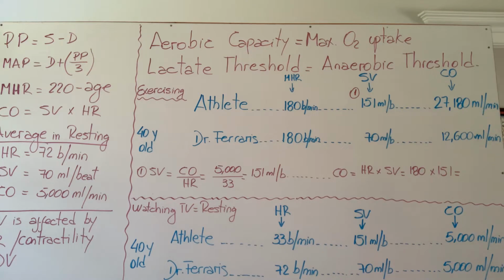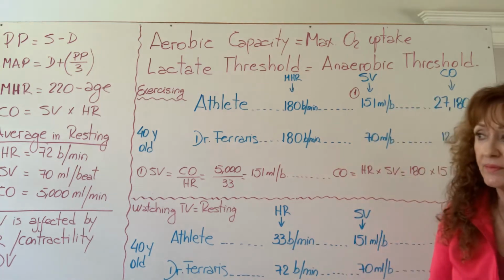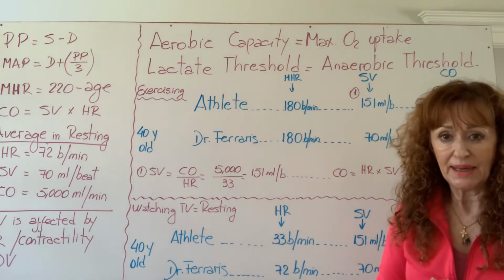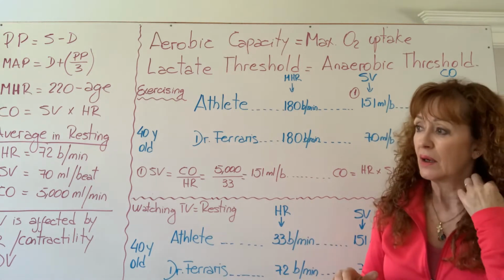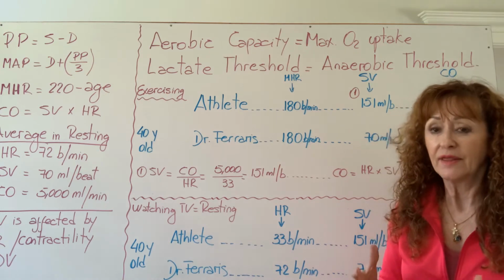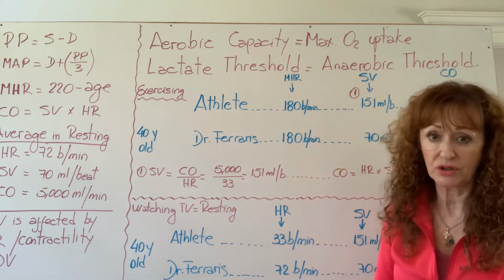In other words, if I'm going to start riding a bicycle, obviously I'm not a trained person, but I'm going to start riding a bicycle. Everybody, all human beings on Earth, they have a threshold. They have a lactate threshold.